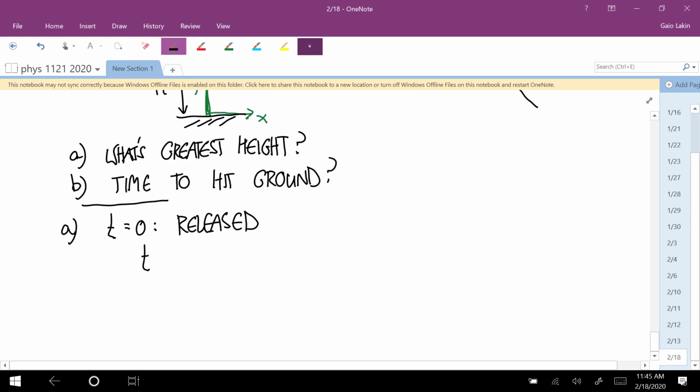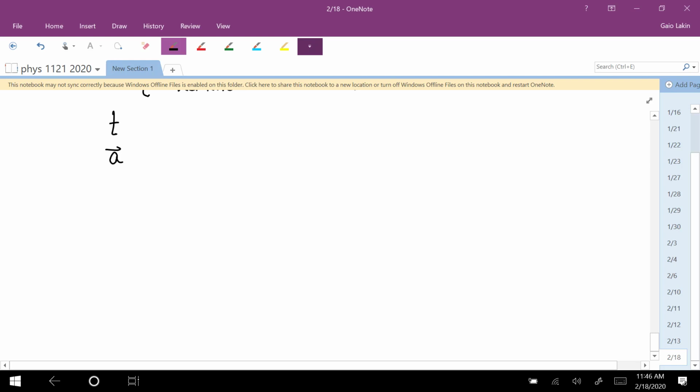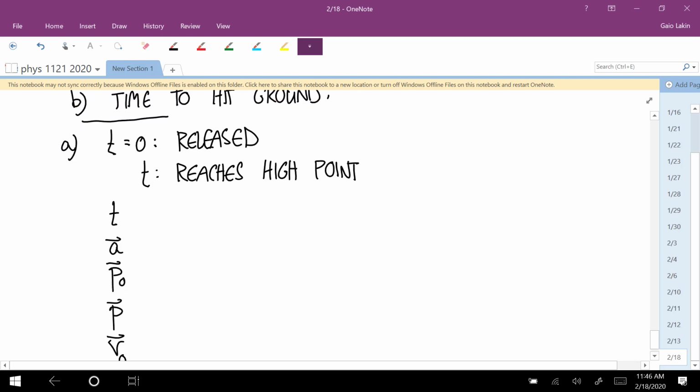Time t is going to be when it reaches the highest point. And now I can start to fill out what I know and what I want. So time t, acceleration, initial position, position at time t, initial velocity, and velocity at time t.